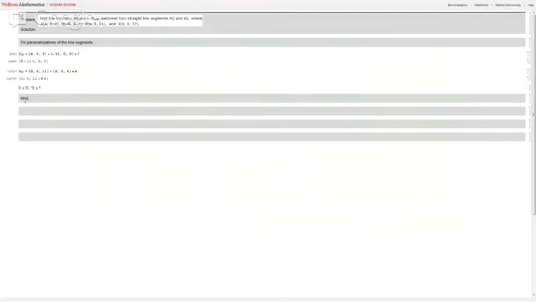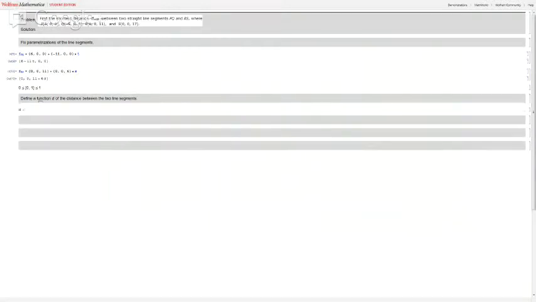Now, I will minimize. No, first I need to actually define a function of the distance between the two line segments. So, I will define a function d.